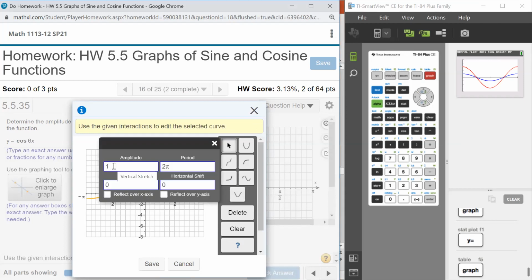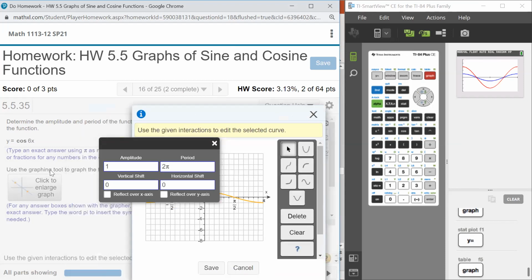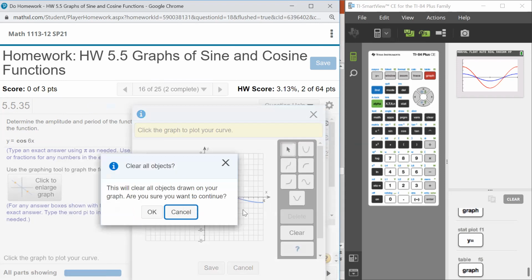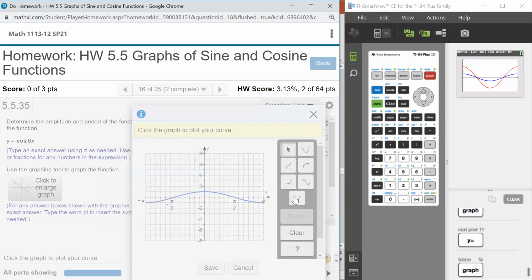Put your amplitude in. Our amplitude is 1. Our period, I forgot what we put for period. What did we put for period? We put 2 pi over 6, which was pi over 3. Just clear this and start over.